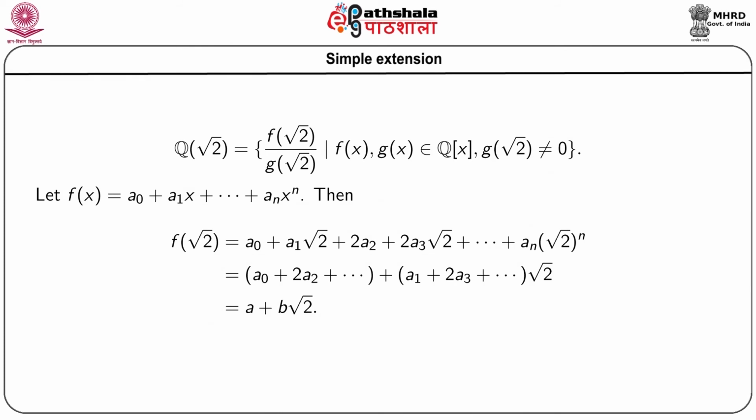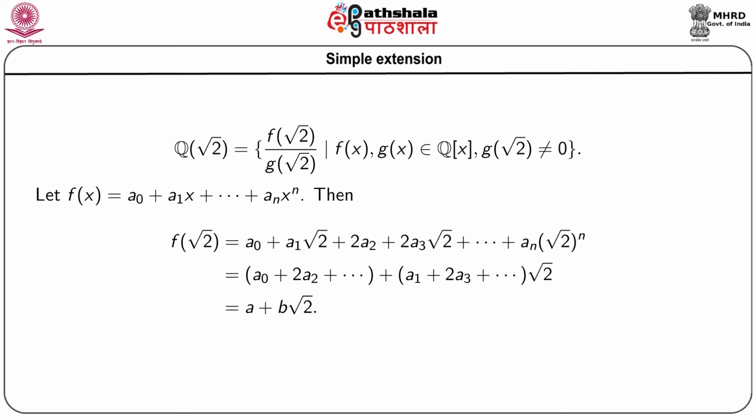For example, consider Q(root 2), that is the field generated by root 2 over Q, precisely the subfield of R generated by root 2 over Q. Certainly, the elements of this field are of the form f(root 2) by g(root 2), where f(x) and g(x) are two polynomials over Q such that g(root 2) is non-zero.